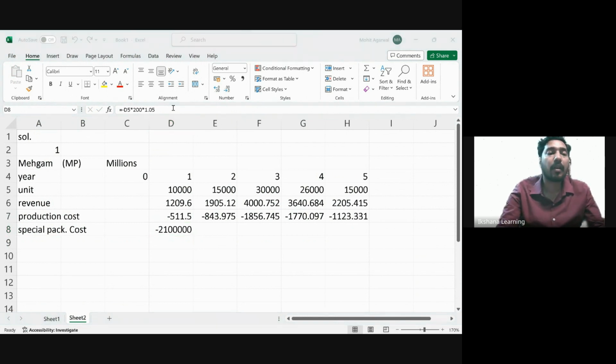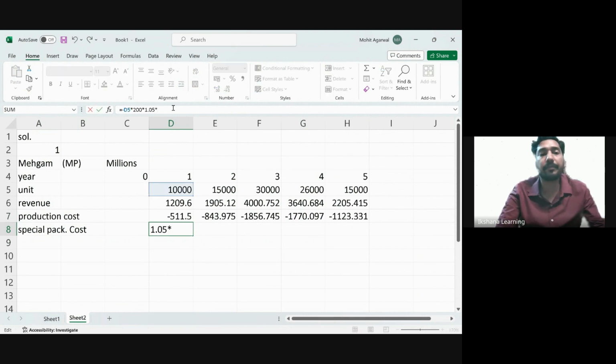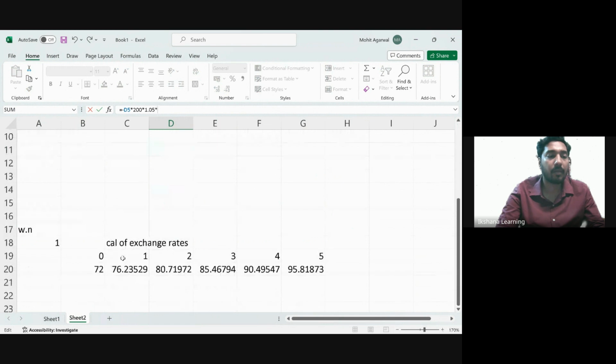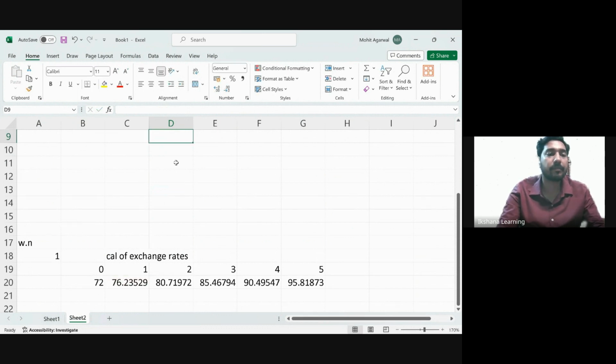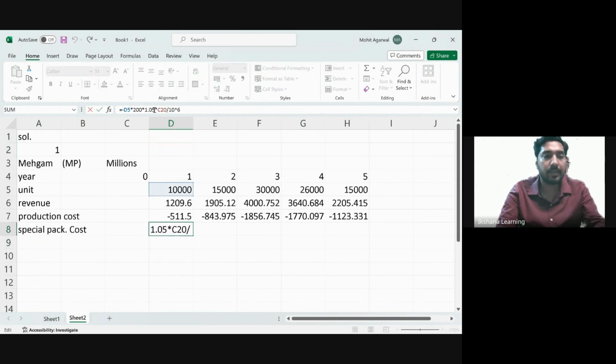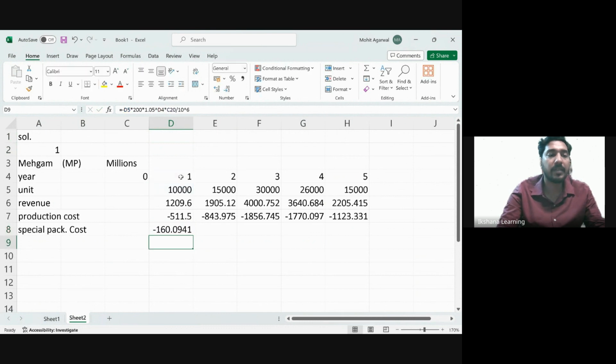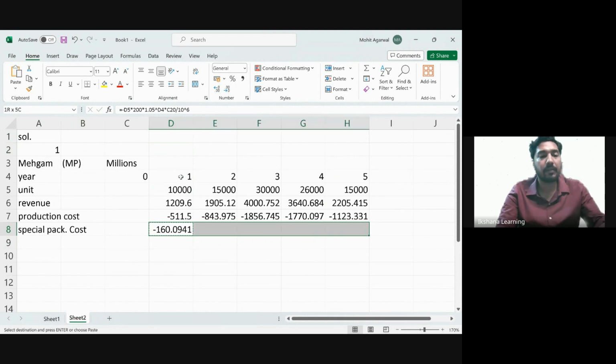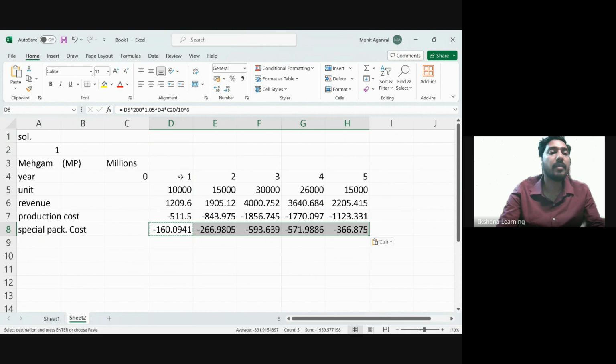Now, are we going to multiply or divide? We are going from dollars to Megam pesos. We will multiply and divide by 10 to the power 6. Just one more correction. Let's also reference the inflation rate so we can run the exchange rate. Everything is done.